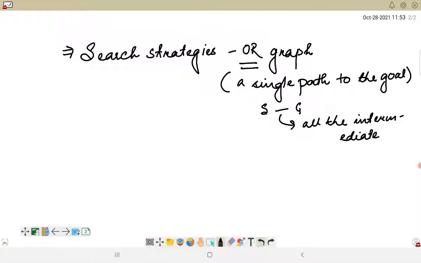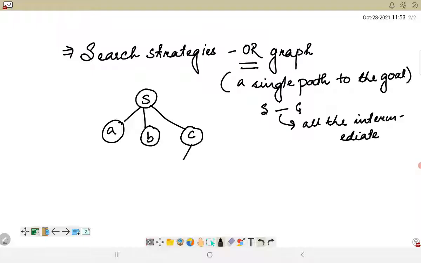branches leaving it. So suppose I'm having a start node and all the intermediate nodes in between. Okay, so C, so let's say I have I and G. So G, let's say, is the goal node that we are talking about. So we will basically represent this particular path.